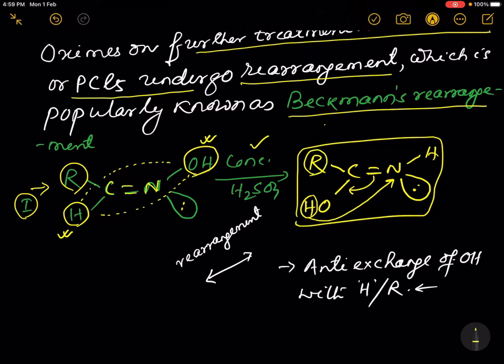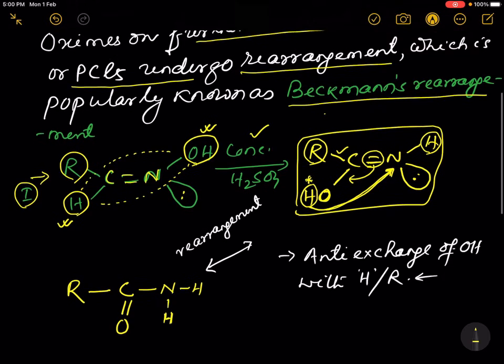You see, this R is written, then this single bond C, then this O makes a double bond with carbon, and this double bond becomes a single bond. Then N is written, N is bonded with H, and this H is bonded with O, is connected to this H, and this is an amide.